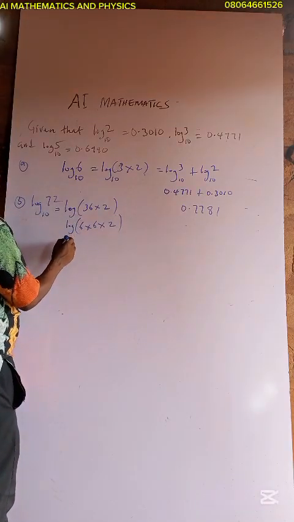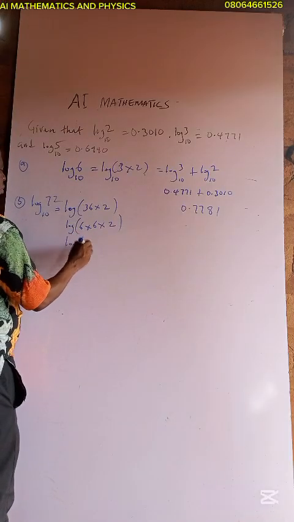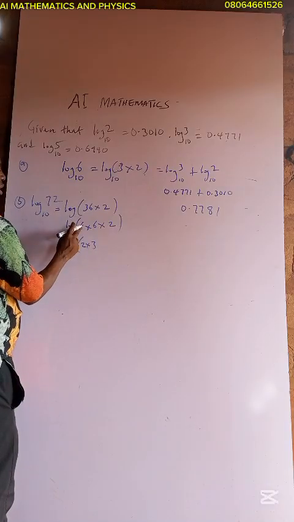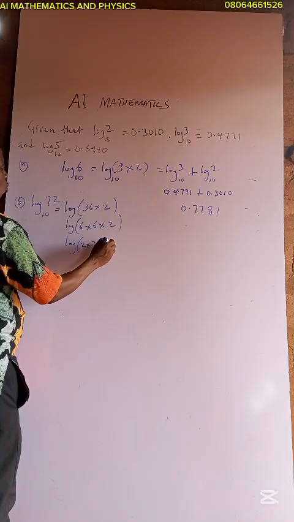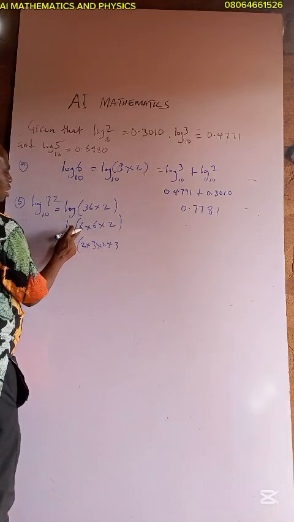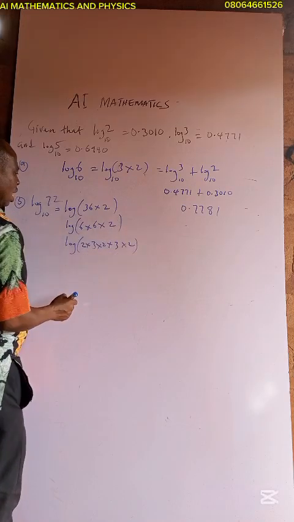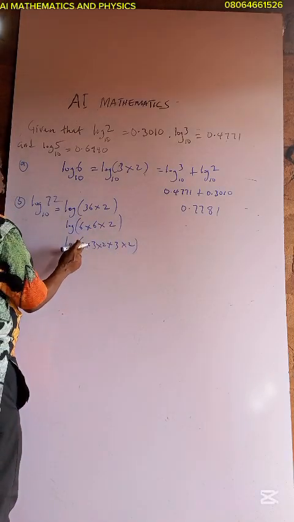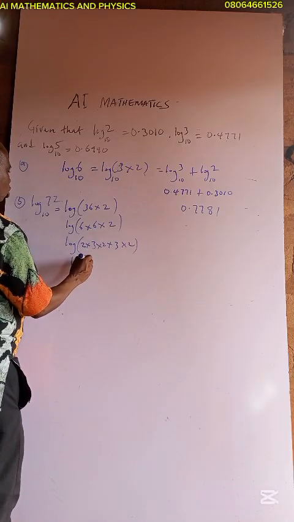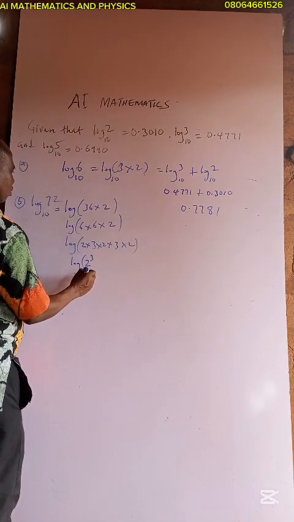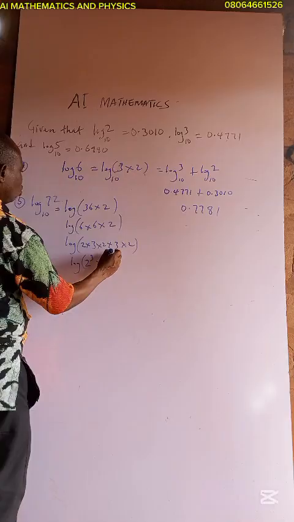Because 6 is 2 times 3, this 6 is 2 times 3, and this 6 is 2 times 3, and we have 2 here. So how many 2s do we have? 2, 2, 2. We have log 2 raised to power 3 times 3 raised to power 2.